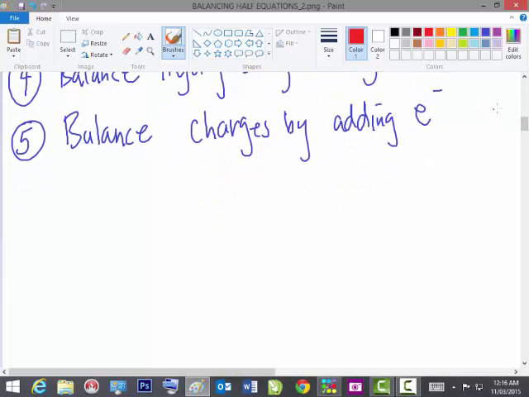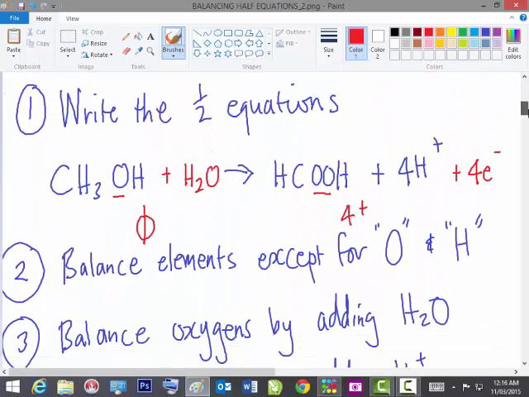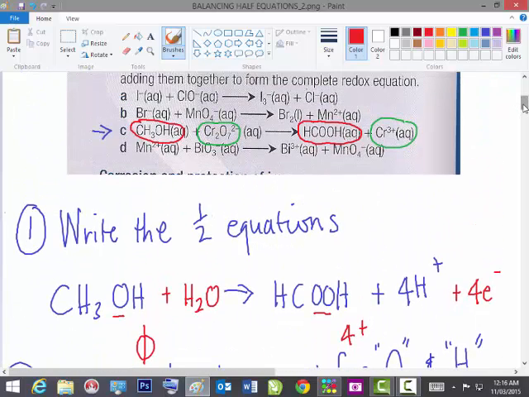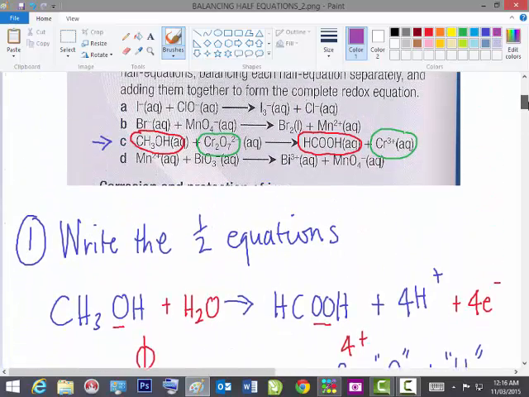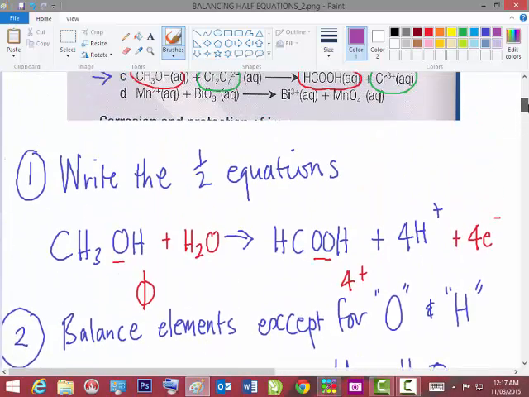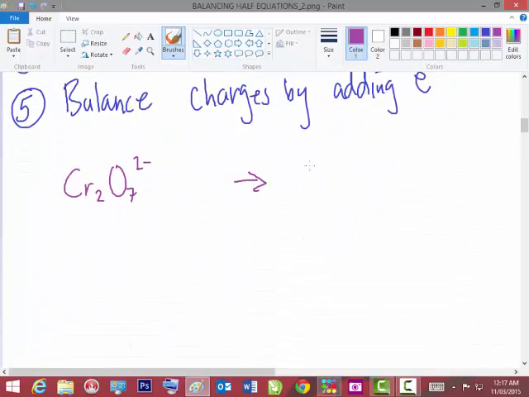Okay, so let's have a look at the second half equation, which is with the chromium. Let's use another color. The Cr2O7, with a charge of 2 minus, goes to Cr with a charge of 3 plus.